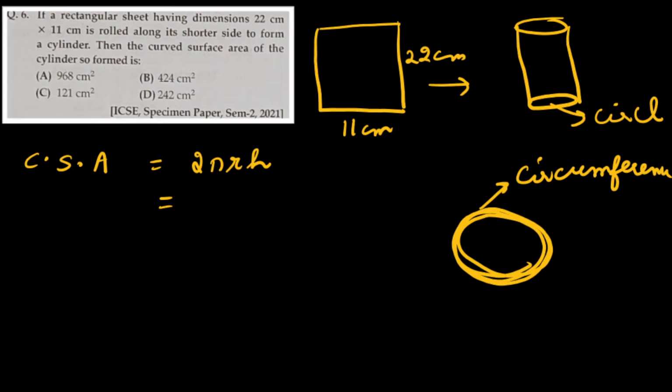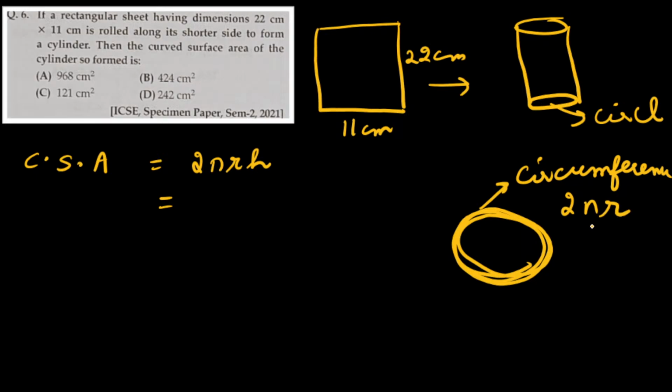So what's the formula of circumference of a circle? Chivishankar has already calculated its answer, very good. But we should know the formula of circumference also. So circumference is 2 pi r.